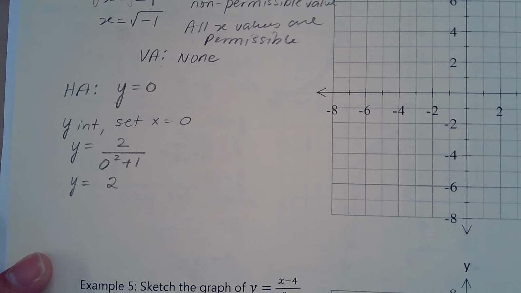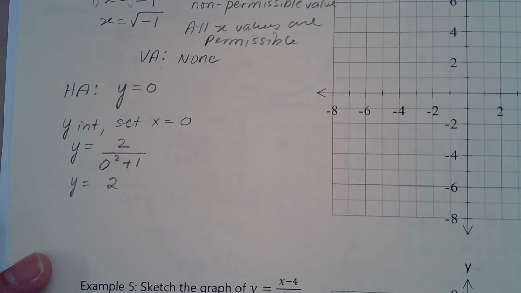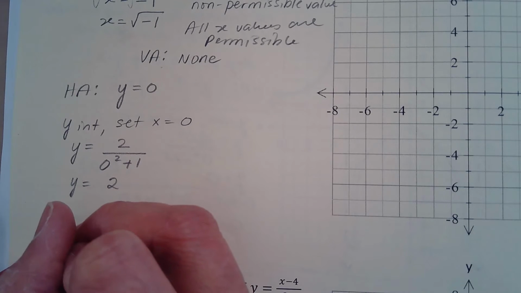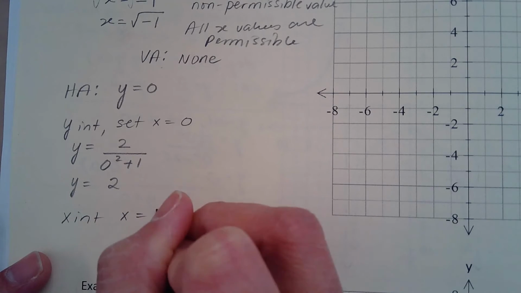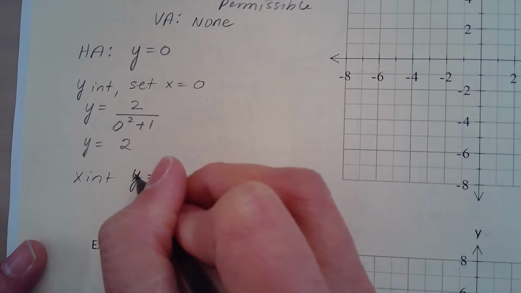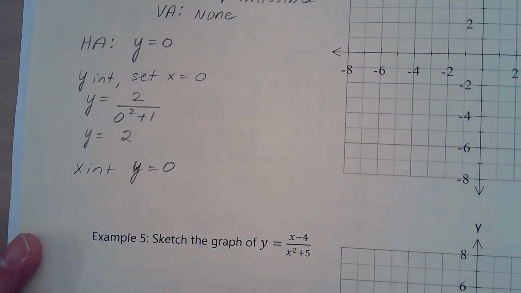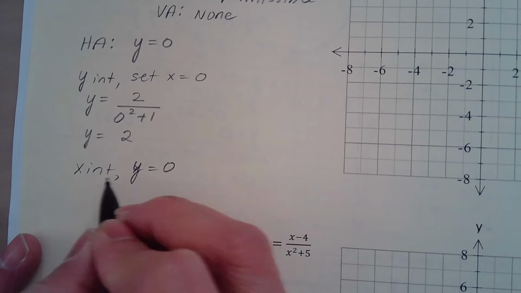What about the x-intercept? If we have x-intercept, y equals to 0. Okay, this is going to be a weird one. How do we do the x-intercept?